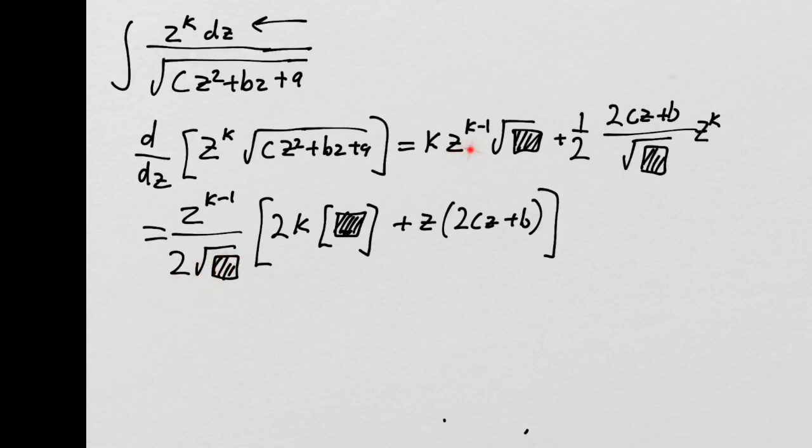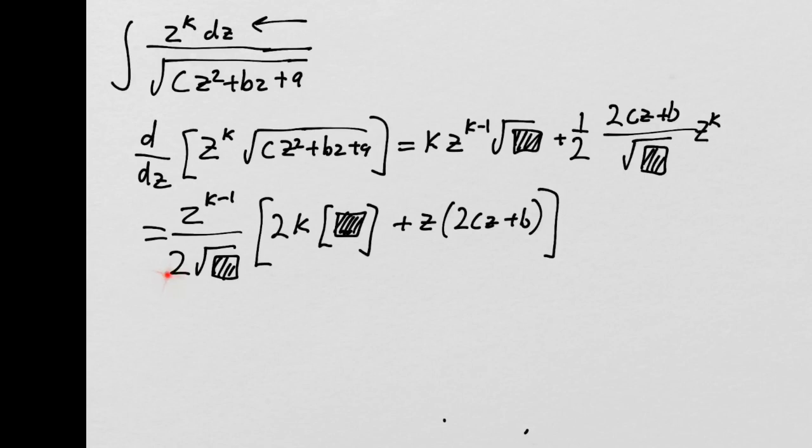So to do that, this z to k minus 1 comes out from this first term, but to get this guy, I have to put the box here and then pull out a 1 over radical box here, so that when multiplied, and then the 2 I have to multiply by 2, so that this term and this term will result in a radical box up in the numerator, or left over. And then here, I pull out a z to the k minus 1, so I have to leave a z behind. This guy stays behind. The 2 comes out. Let's see.